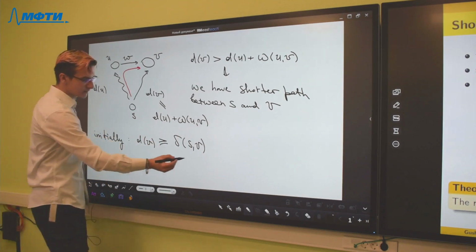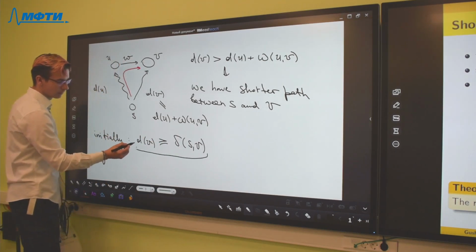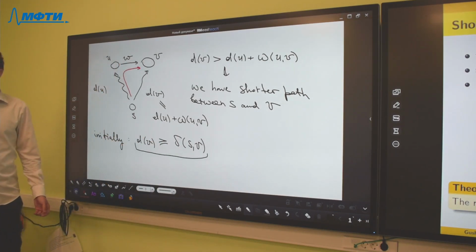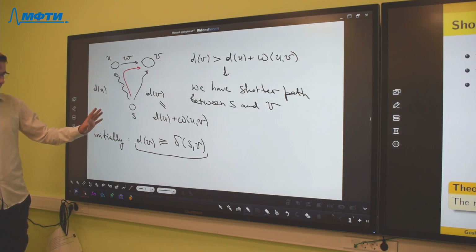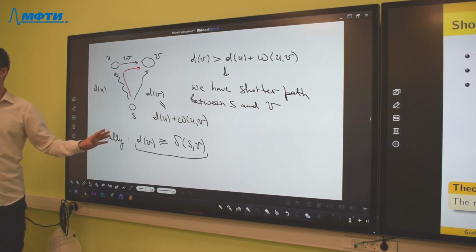And it is the invariant that we need to meet in each step of the algorithm. Okay.